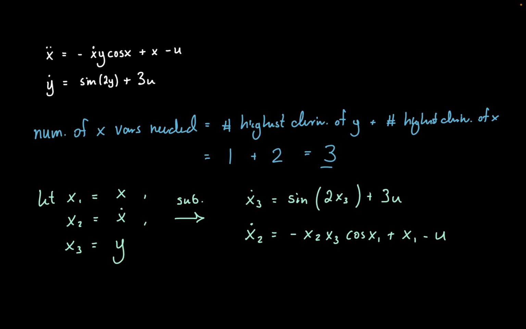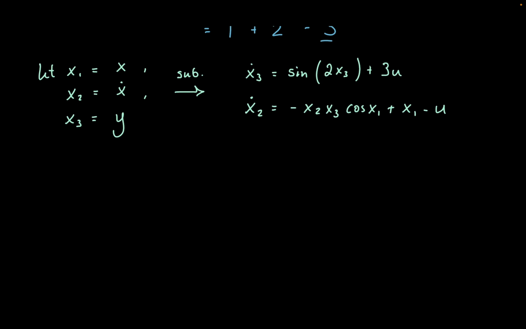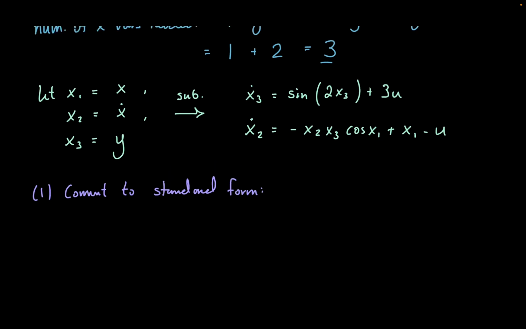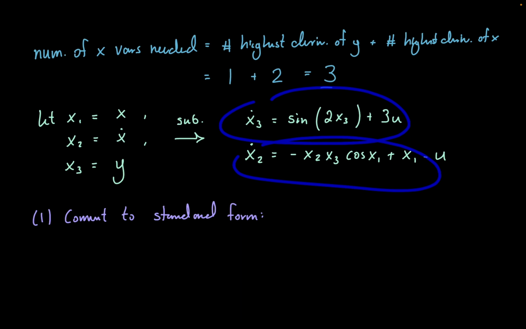So now, the next step after defining our x values is to convert our equations to standard form. Essentially for x2 and x3, they're pretty much already there. This is really for our x1 dot equation, because now we have x3 dot represented, great.